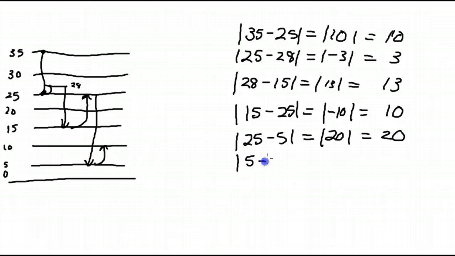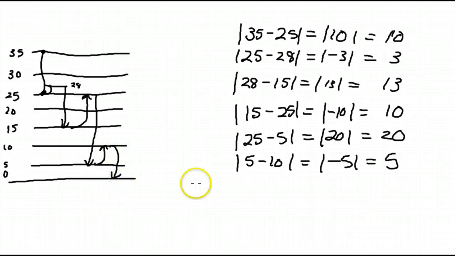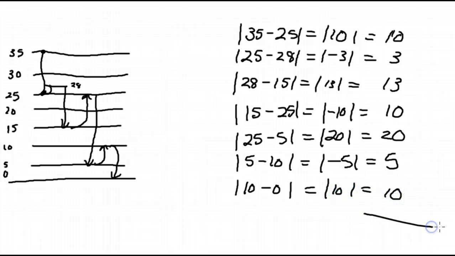So we started at the 5. Absolute value of -5. So loss of 5 yards, but the ball traveled 5 yards. And on the next play, run in for a touchdown. Started at 10, ended up at 0. The absolute value of 10 is 10.